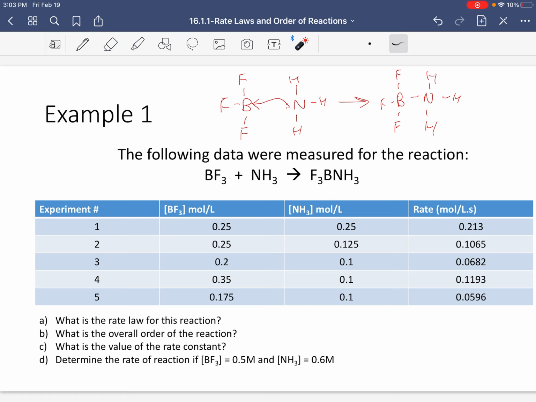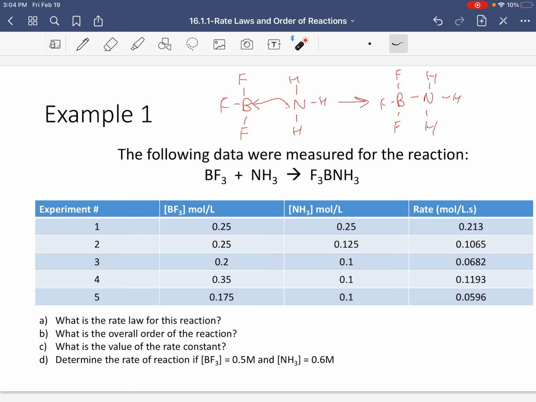Well, this is what you should do if you're asked to do something like this for real. Between experiments, you should keep at least one parameter constant. Now, this reaction involves 2 reactants. So from experiment to experiment, you should keep one of the concentrations constant. And we did.